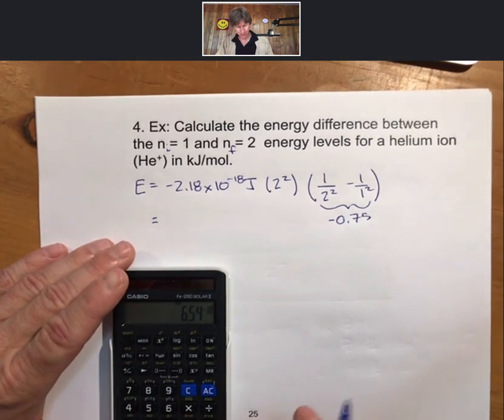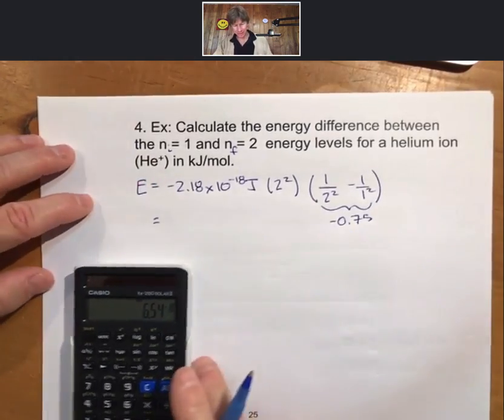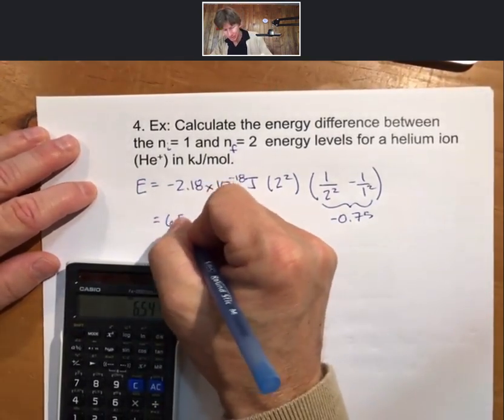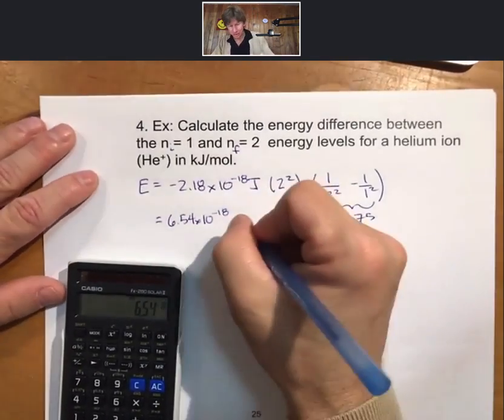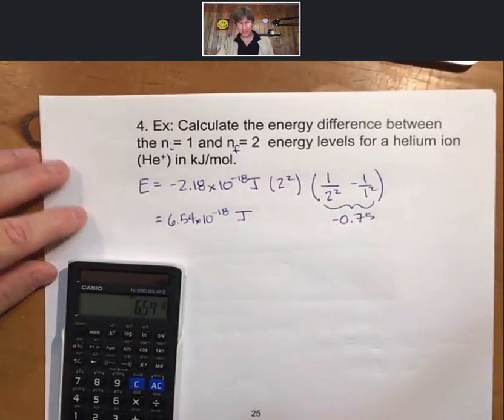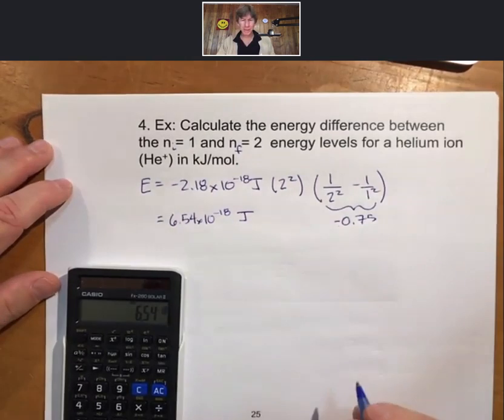See if that worked out. Yes. It is positive because my 2 negative signs cancel out. I get 6.54 times 10 to the minus 18 joules as the amount of energy between those 2 energy levels for a helium plus ion.